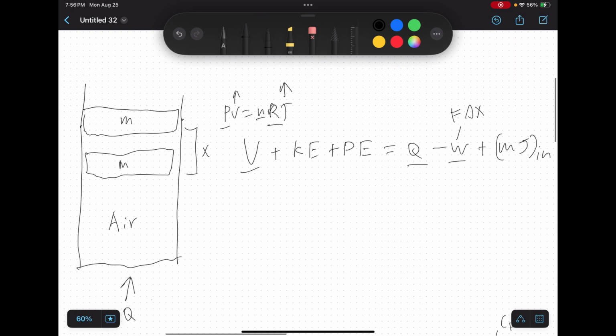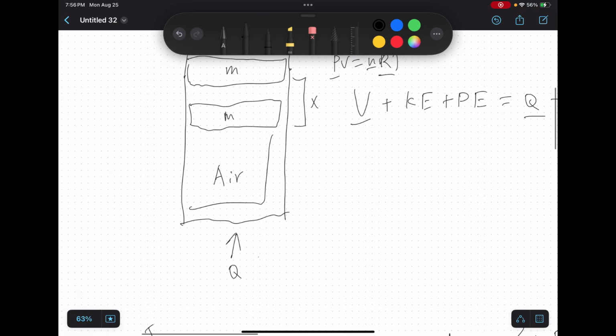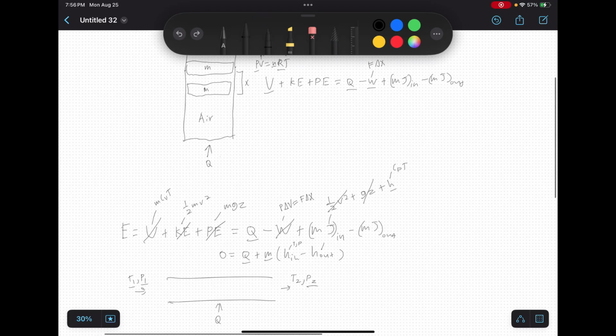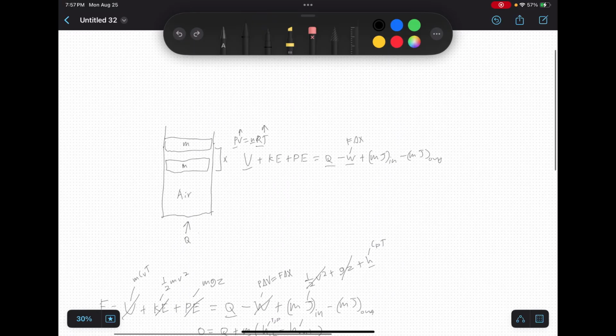We have a U because in this case, all the air is still staying in here. None of it's being fed in and leaving. Or none of it's just being fed in, because if more air was being fed in, it would push up the piston even more. And if more air was being taken out, it would lower the piston. So maybe we could spin this off and I could prove that later on.